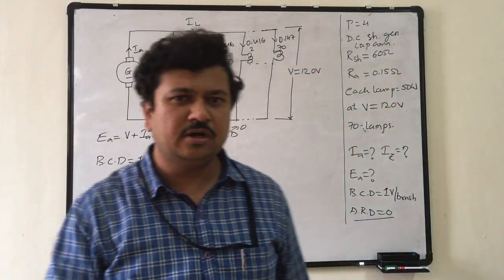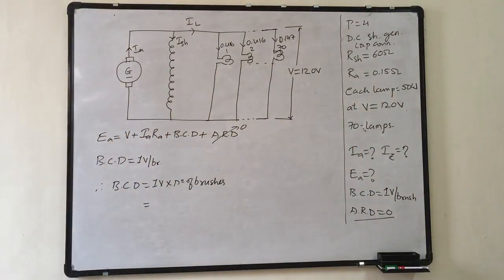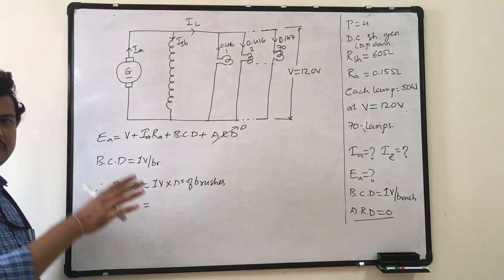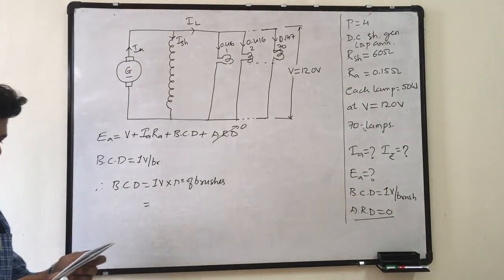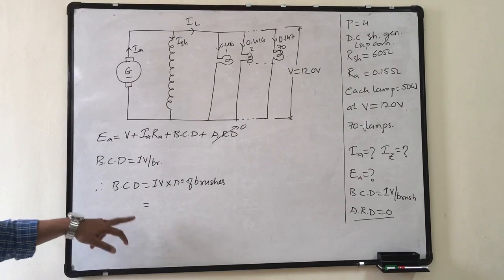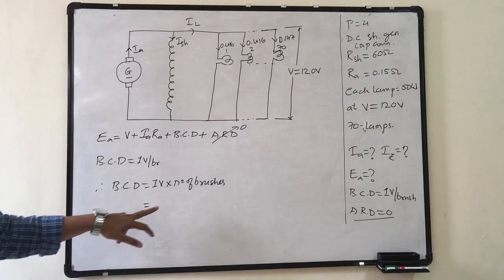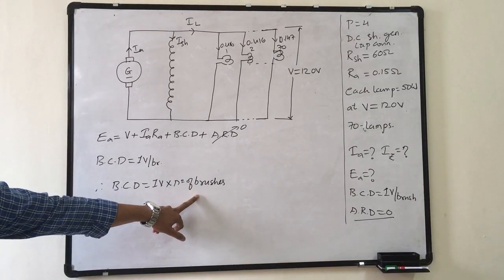If they would have mentioned the total brush contact drop is 1 volt, then it was same. But in the statement, it is mentioned the brush contact drop is 1 volt per brush, but it is not multiplied with number of brushes.